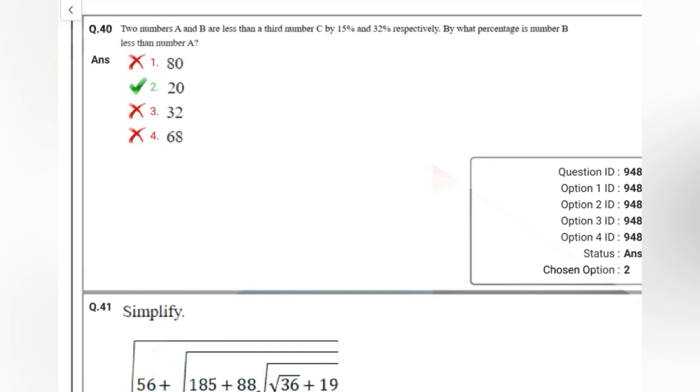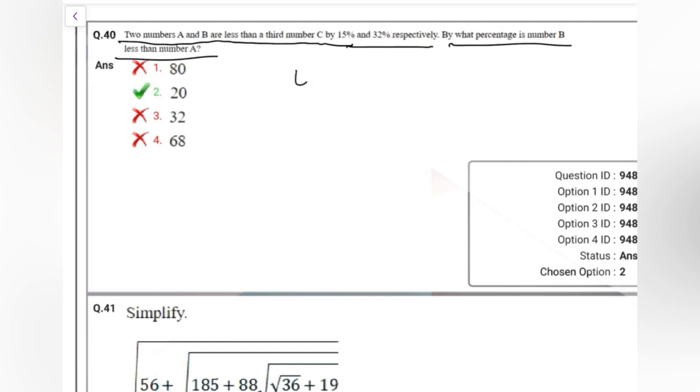Two numbers a and b are less than a third number c by 15% and 32% respectively. By what percentage is number b less than number a? Let a be equal to 85 and b be equal to 68, because a is less by 15% and b is less by 32% than c.